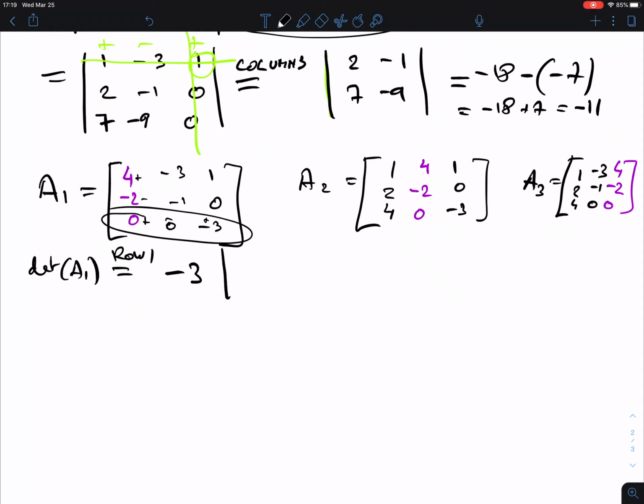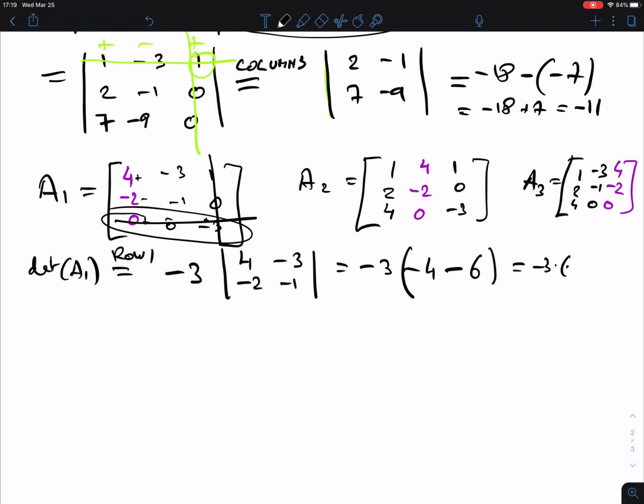Negative 3 times what's left, 4, negative 3, negative 2, negative 1. Okay, that is minus 3 times negative 4 minus the product, which is 6. So that is minus 3 times minus 10, that is 30.